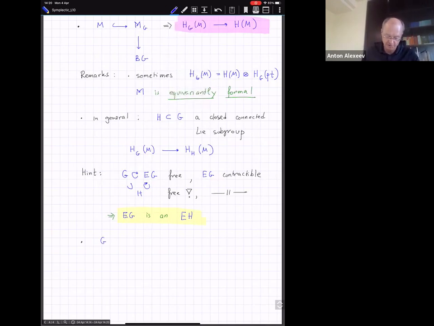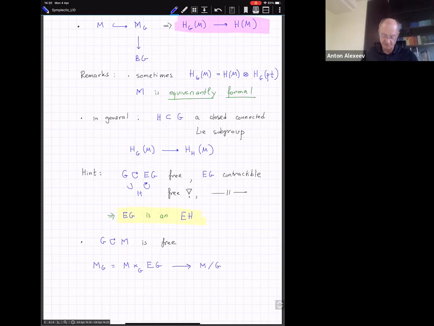So suppose that the G action on M is also free. So then from M_G, which is M times EG divided by the diagonal G action, you can also construct a map to M mod G. Now M mod G is also a good space, right?